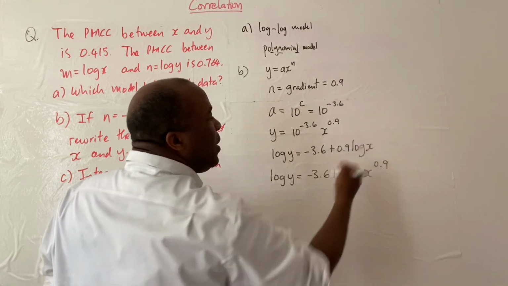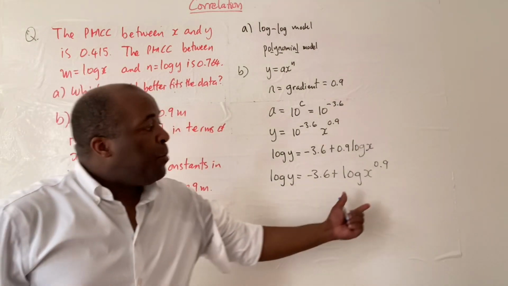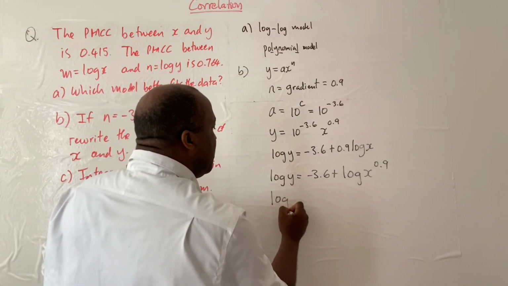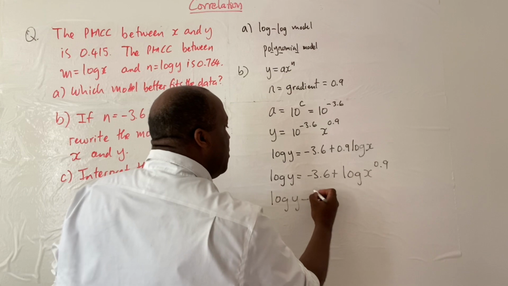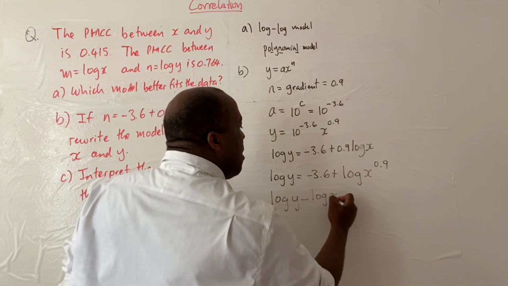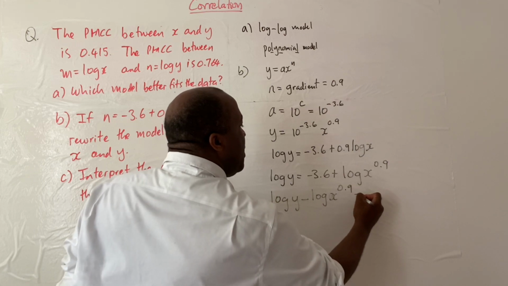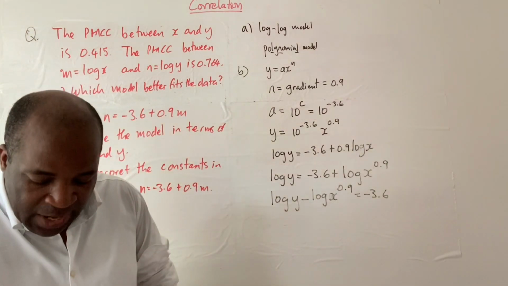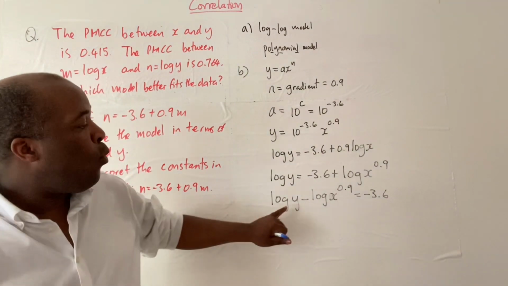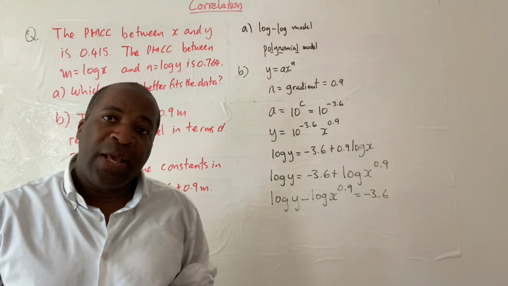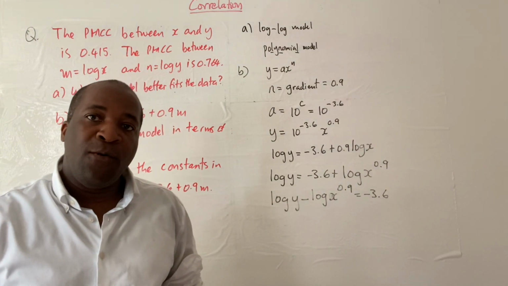So I bring the 0.9 up. Then I bring the log terms together so that it makes it easier to apply the log rules. So that's log y minus log x to the 0.9 equal minus 3.6. Now recall that if you have log a minus log b, you can simplify it as the log of a over b.